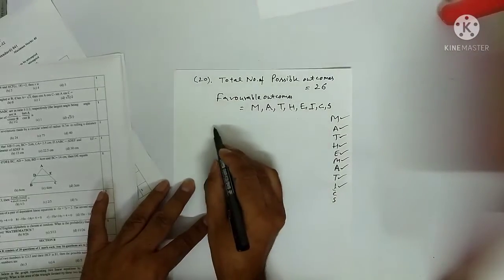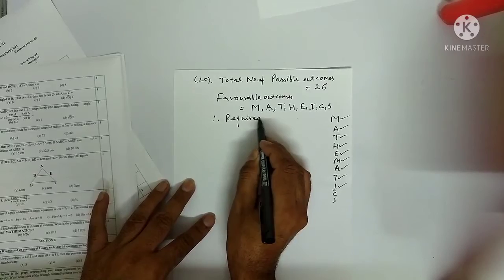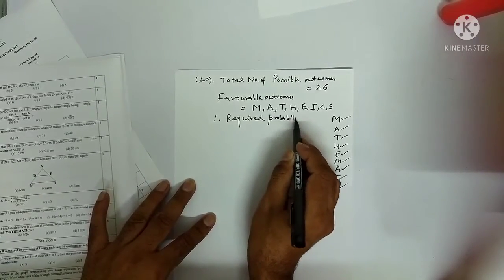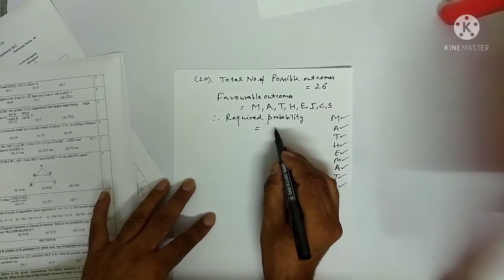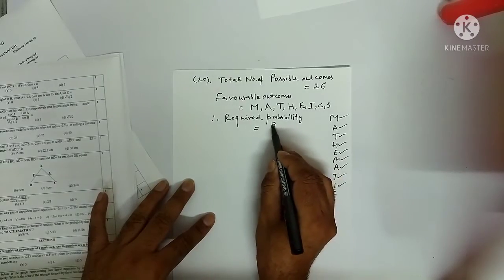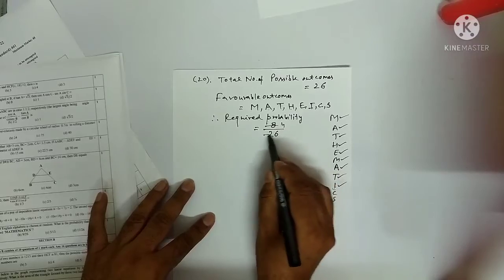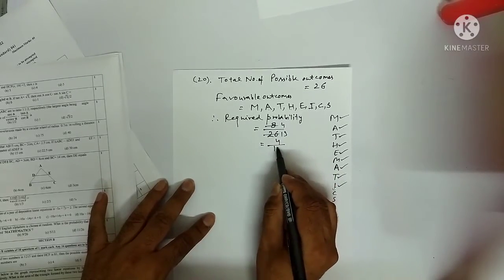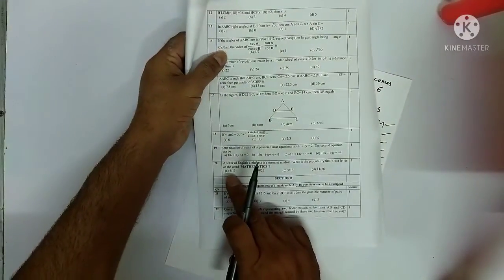So these are 8. Therefore, required probability: number of favorable outcomes upon total outcomes. So favorable outcomes are 8 and total outcomes are 26. 2 4s are 8 and this is 13. So it is 4 upon 13. You can see here it is option number A.